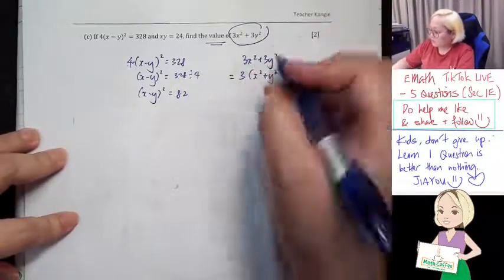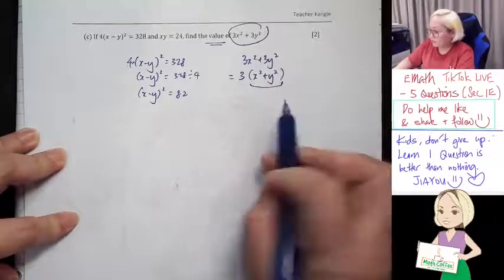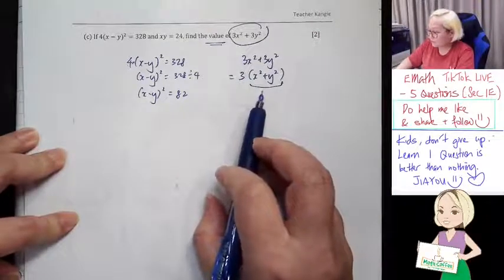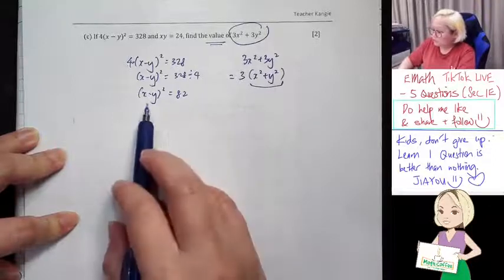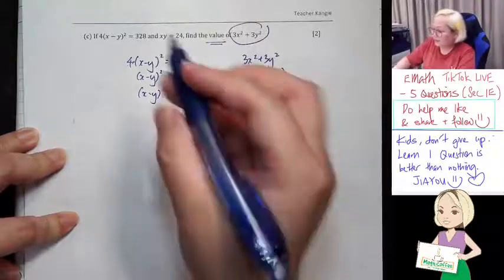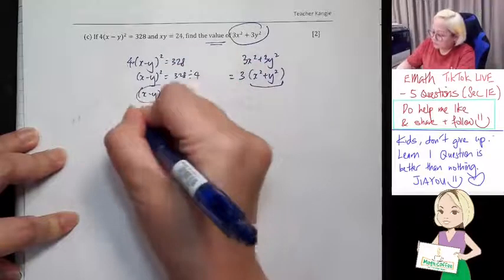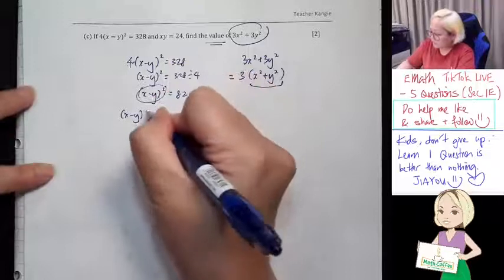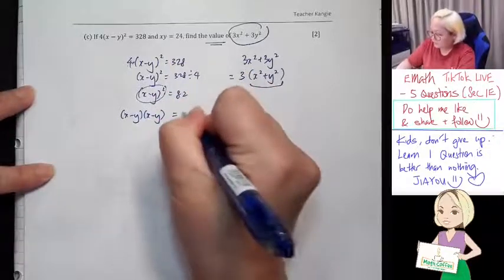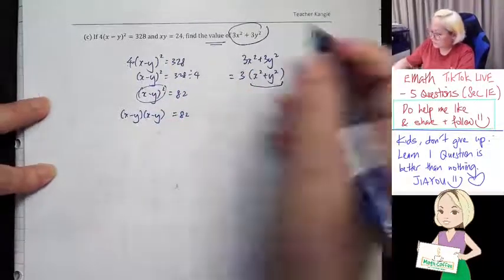Okay, over here you see, my task is to find out this x squared plus y squared, right? So I'm going to make use of this one. Just now someone said expand this one, right? Great, so let's expand it. Either you memorize the formula, or you use the rainbow method.